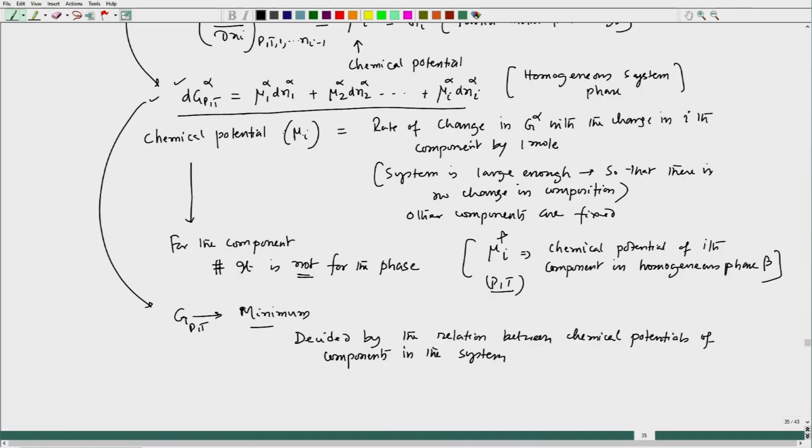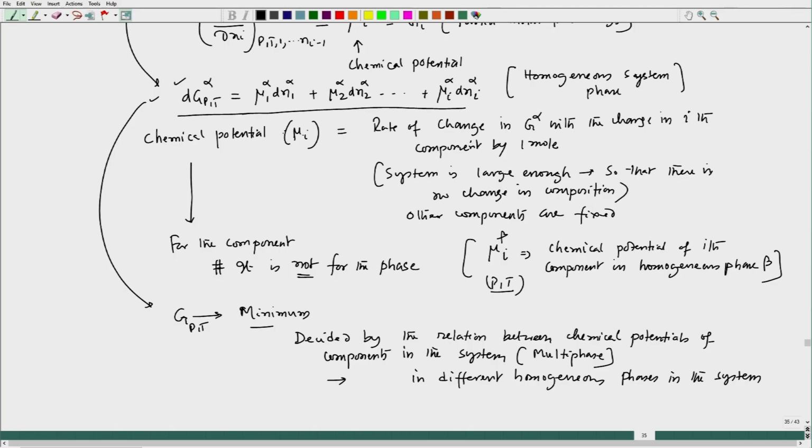So, in a system consisting of multiple phases, because we are talking about the size now, we can also revise this statement: the minimization of G would be decided by the relation between chemical potentials of components in different homogeneous phases in the system. What will be the relation? That will be our purpose in the subsequent lectures. So, we need to see that.